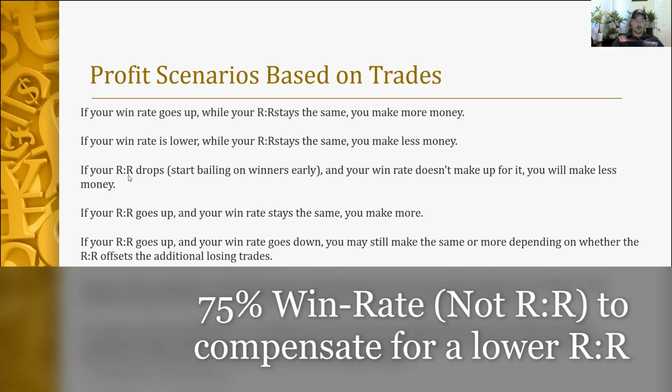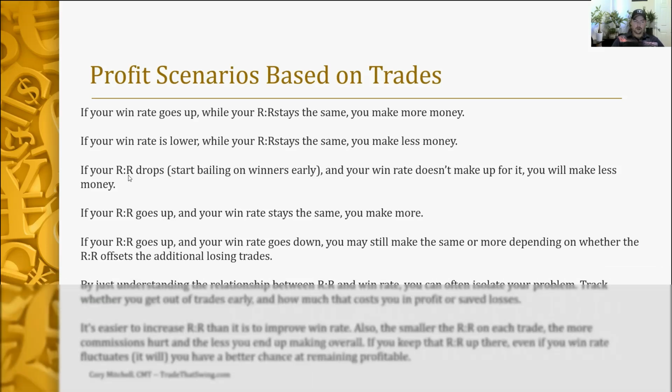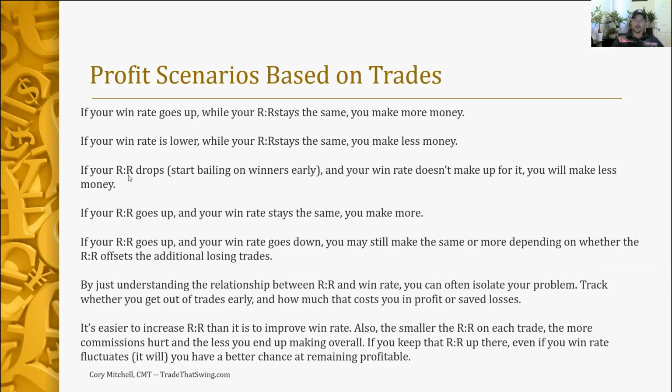You're talking about possibly years of work to try to increase your win rate up that much. Whereas, in my opinion, just leaving a trade alone and letting it hit your target is a far easier way to make money. So it's hard to compensate with win rate for a declining reward to risk.